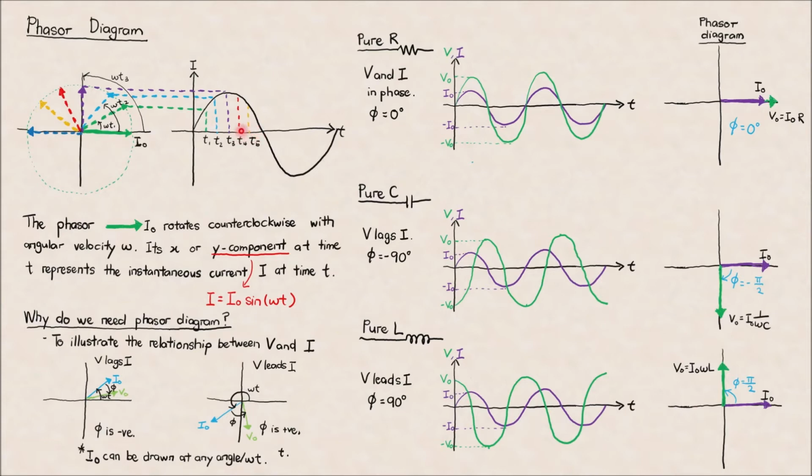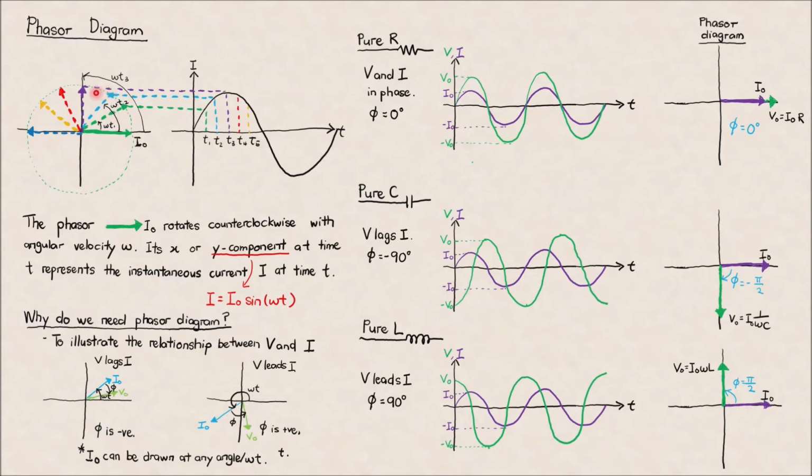Why is it true? If you think about it, this phasor here does not change length. The length here should always be I naught. So if you trace out the arrow head, you should trace out a circle. Let's come back to this angle, omega t. In order to find the y component, you have to take the length of this phasor, which is I naught, and multiply it with sine omega t, where omega t is the angle over here.